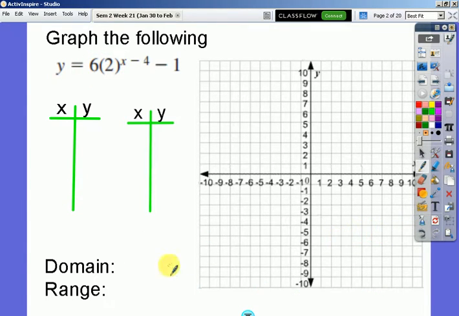There we go. Okay, so I said in order to graph something like this that's translated, you have to start with the 6 times 2 to the x. Don't worry about any of the translations yet. So this is how you want to start, and this was a quiz question. You want to start with the intercept, and we said the y-intercept is 0, 6.